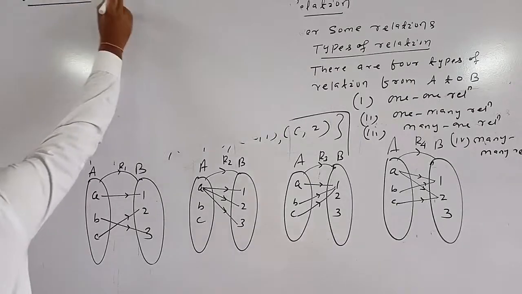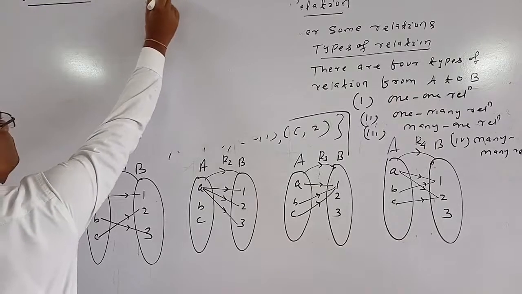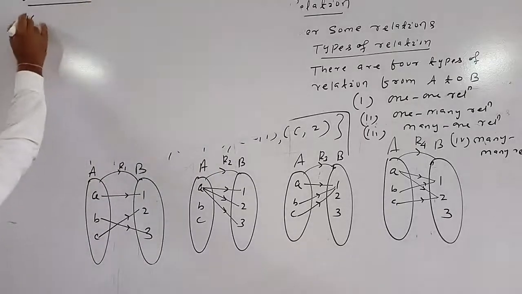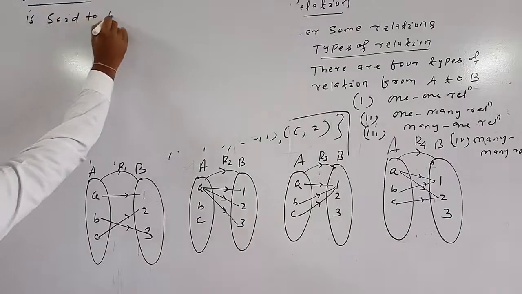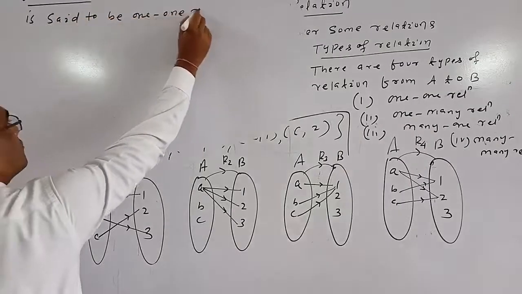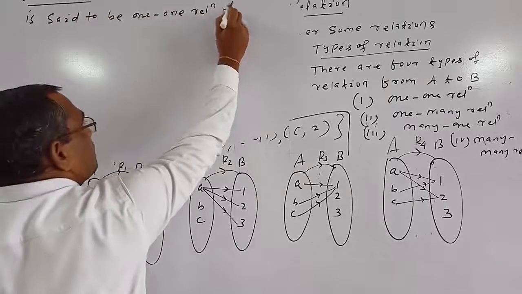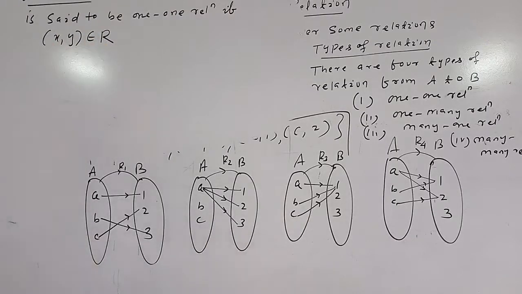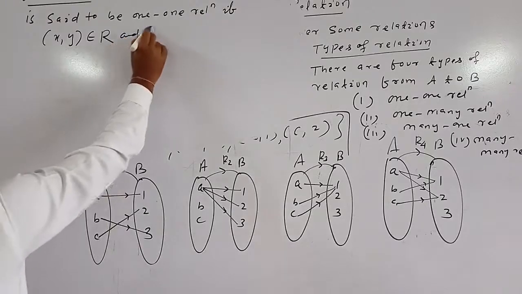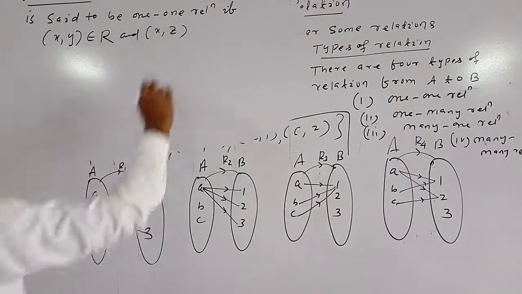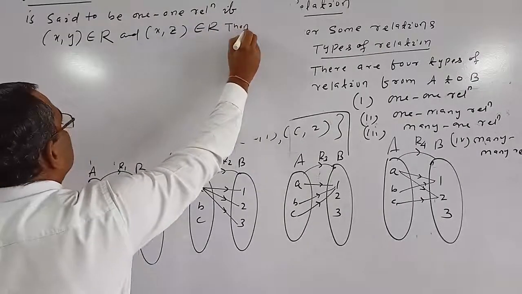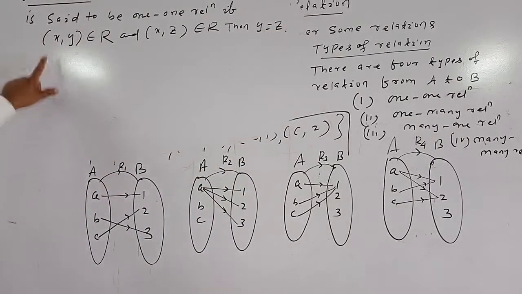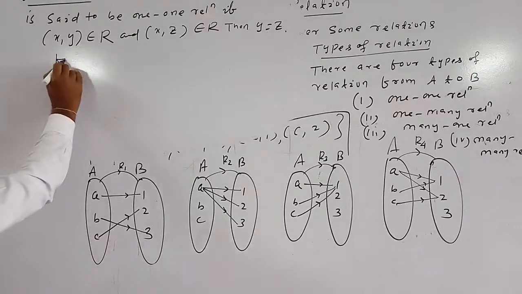One-one relation. A relation capital R, subset of A cross B, is said to be one-one relation if, mathematically, x comma y belongs to R and x comma z belongs to R, then y is equal to z, for some x belongs to A. For some, not all.